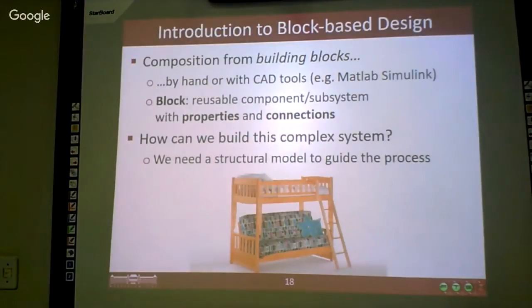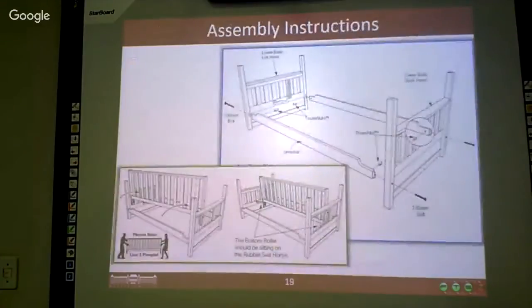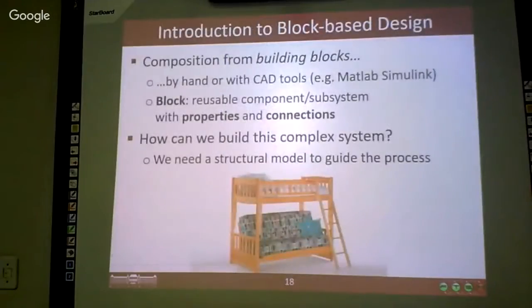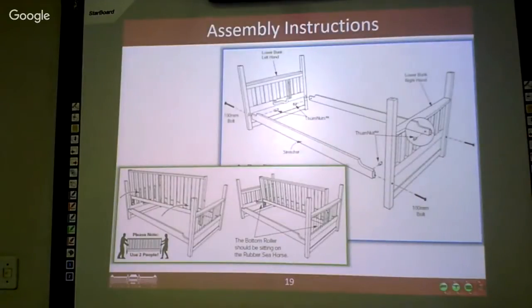A structural model will guide the process of building this furniture from its building blocks. So when you buy this in IKEA, you will get the assembly instructions that actually look like this.